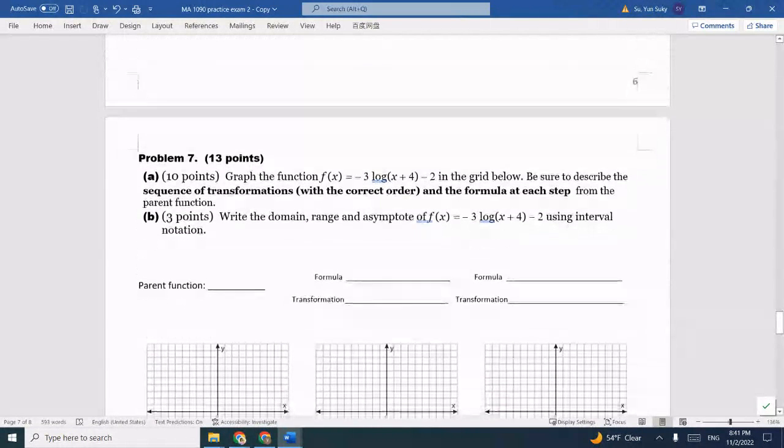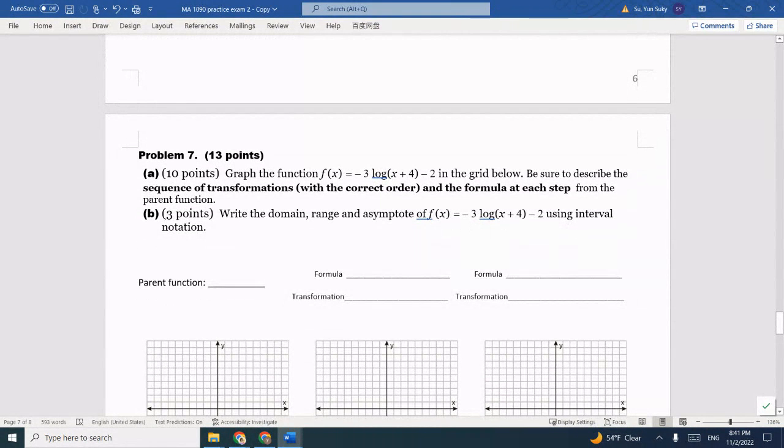Okay, so keep in mind, log or ln, they all look similar. It passes through the point 1, 0, and it has a vertical asymptote. The vertical asymptote is x equals 0.